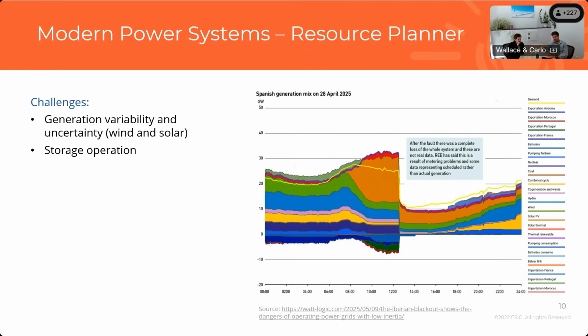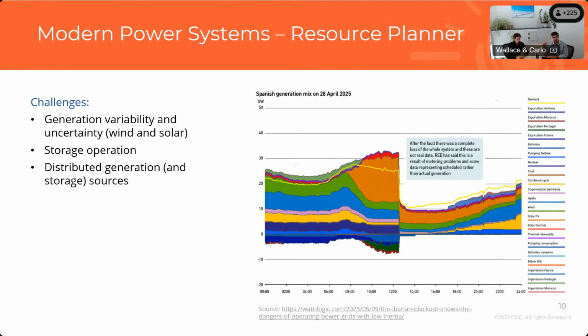So storage can only generate if the state of charge is higher than a minimum threshold, and that's dependent on the ability of the system to store energy in the assets in previous periods of time.